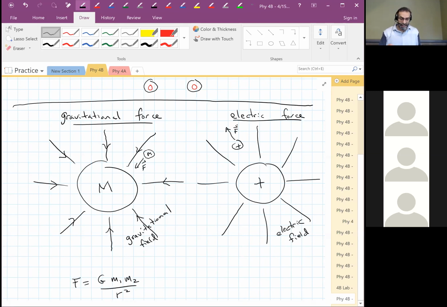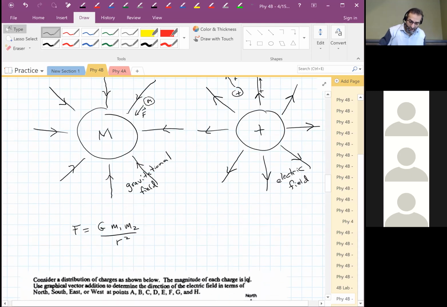They point in the direction a positive charge would go if we put it there. Somebody had to pick, right? So that's our definition. If we put a positive charge right here, what direction would it go? It would go away from this. So our field lines point radially outward from a positive charge. And what if I had a negative charge there, creating an electric field?